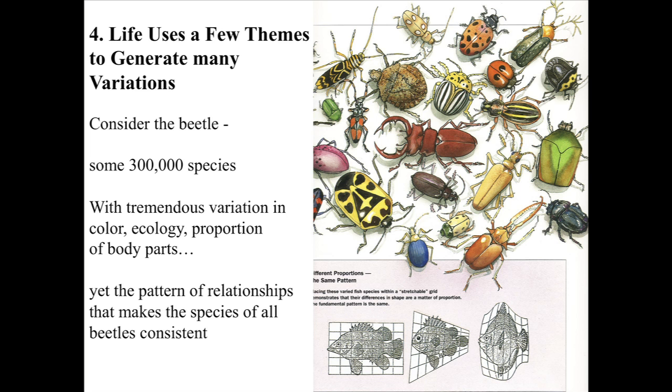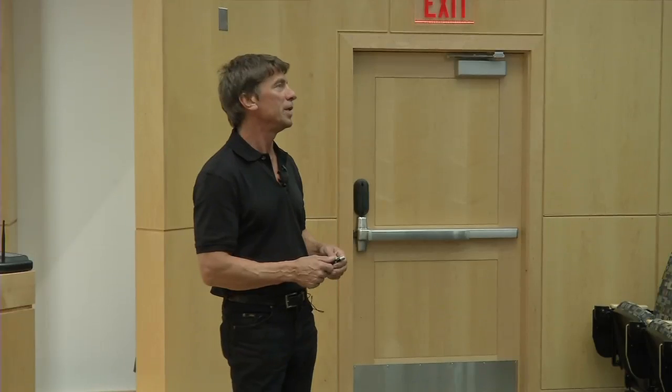Also, what you recognize is that life uses few themes to generate many variations. This will seem contradictory, but there are more beetle species than any other animal that I know of, roughly about 300,000 beetles, and they all have basically one thing in common: they're beetles, but they share a common body plan which defines their beetleness.